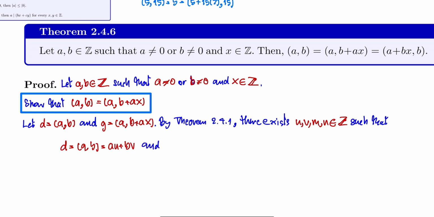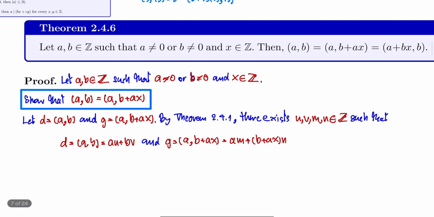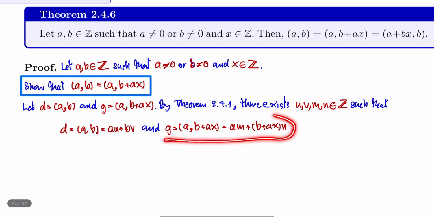And what is g? g is the greatest common divisor of a and b plus ax, which equals am plus (b plus ax)n. Okay, I want to rewrite this so that a terms are next to each other. So we have am plus bn plus axn, so we let the a terms be next to each other.